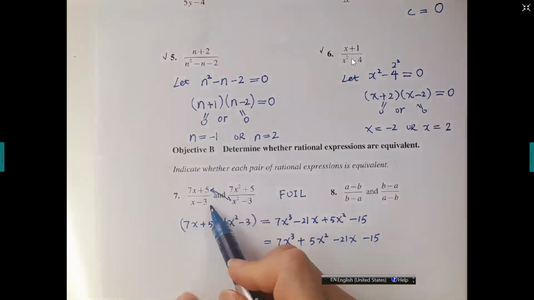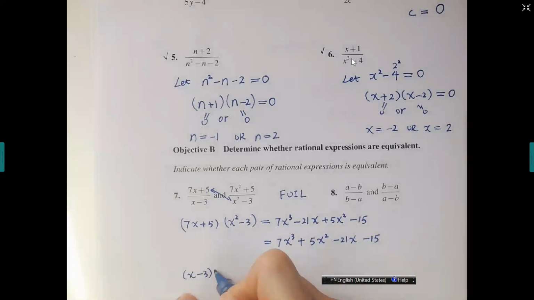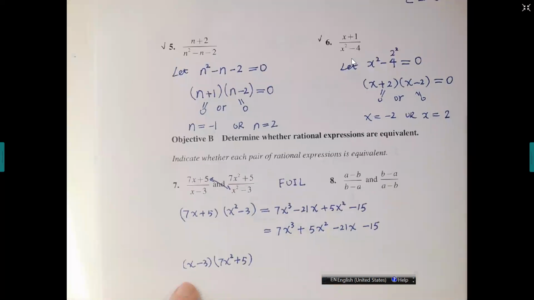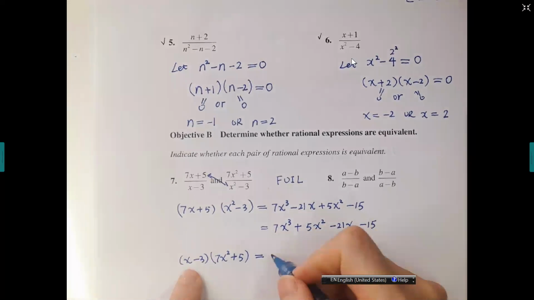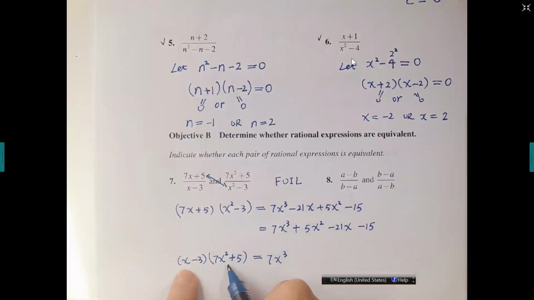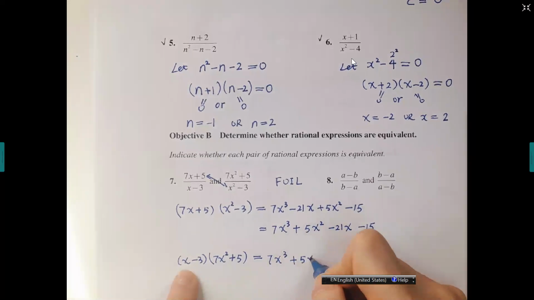Then I cross multiply the other two. What I have here is x minus 3 times 7x squared plus 5. Apply the FOIL rule again. First times first, 7x to the third. Outer, 5 times x, plus 5x.